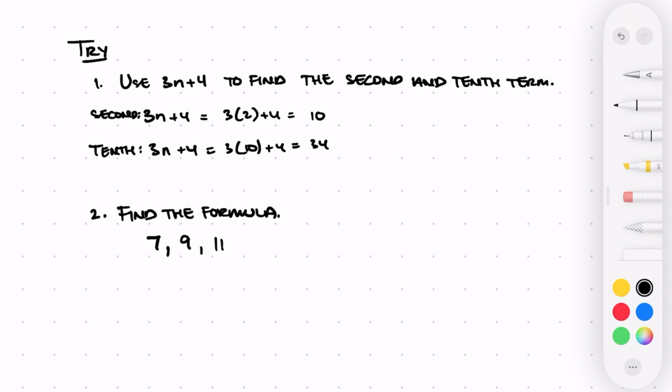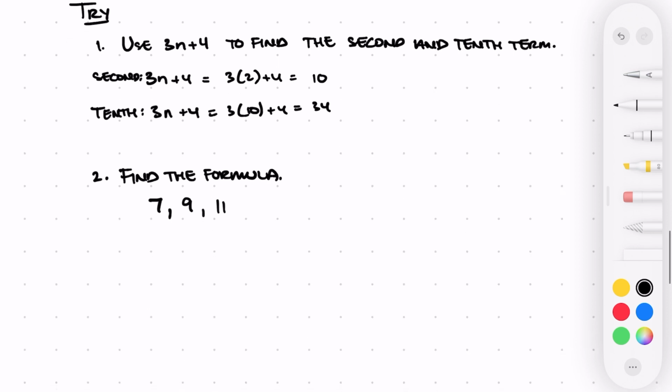All right, see if you could find the formula for that. So let's do this one together if you're not too sure. If you want, you could pause, try to see if you can find it out. If you can't figure it out, or you want to check the answer, you could just click play.